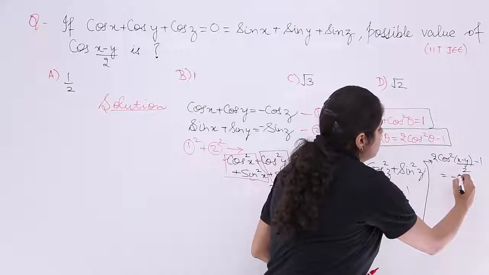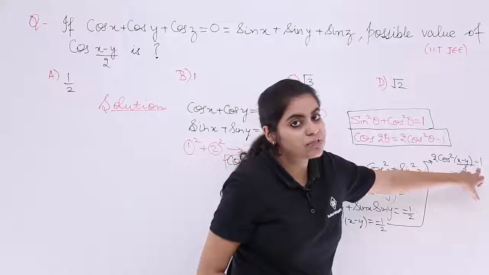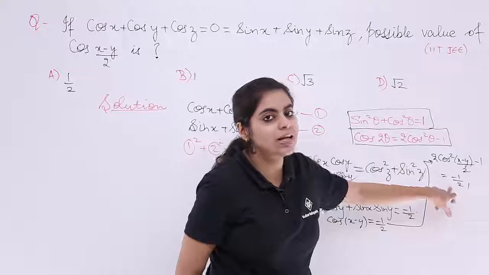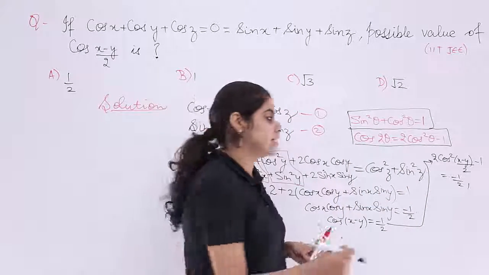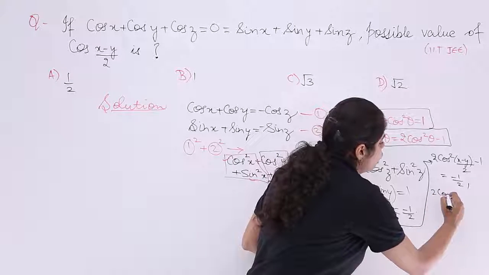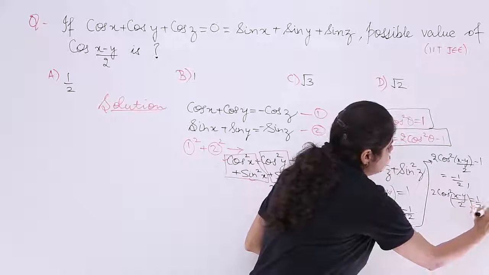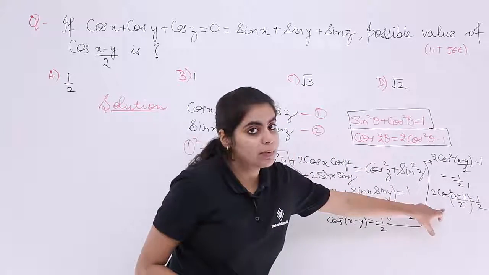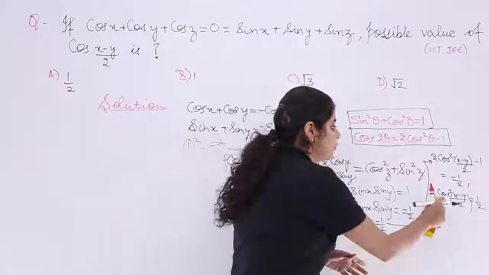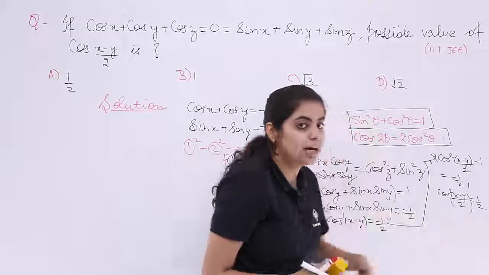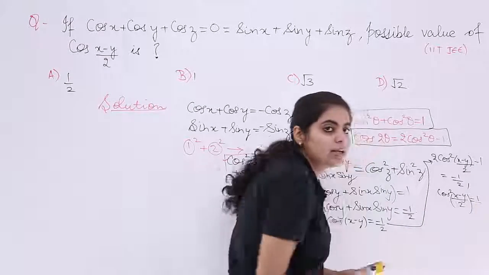Now, the minus 1 of the left hand side goes to the right hand side and becomes added. So 1 minus 1 by 2 is 1 by 2. So it is 2 cos square((x minus y) by 2) is equal to 1 by 2. Now, 2 is being multiplied, so it becomes divide on the other side. So let us remove this 2, and it goes downwards for 1 by 2 and it becomes 1 by 4.